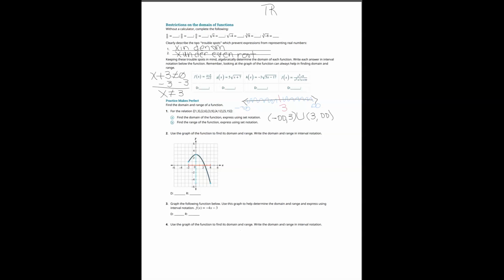All right, I'm going to get rid of all this. Let's do the next one. The next one, we have to set the radicand, which is what lives underneath the square root or the radical, greater than or equal to 0. That's the rule. So we take x plus 7 and set it greater than or equal to 0.